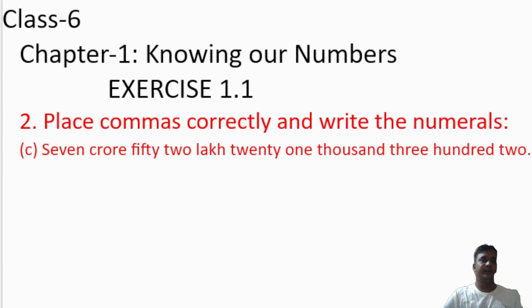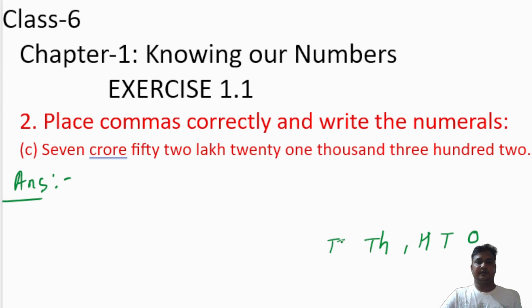Now question C. 7 crore 52 lakh 21,302. So for this, same, we will write the place value chart. Ones, tens, hundreds and comma, thousands, 10,000s, comma, lakh, 10 lakh, comma, crore and 10 crore.